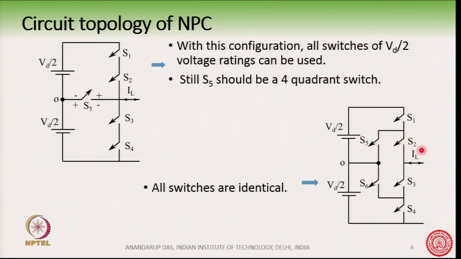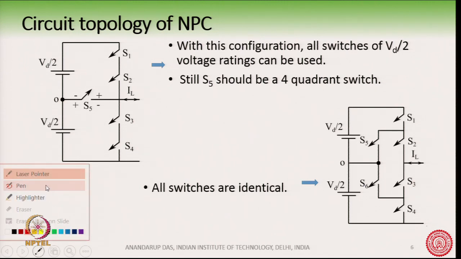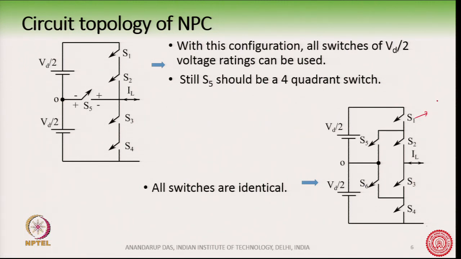In this circuit which I have shown here, all switches are identical. They have the same voltage and current rating, and each switch is something like this. All of them have a voltage rating of Vd by 2 and a current rating of IL.